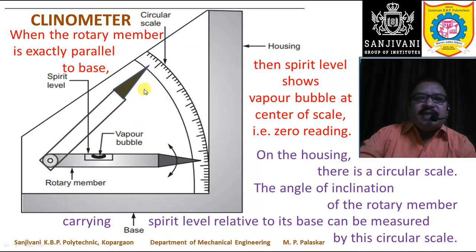For example, this rotary member may occupy some new position like this. In this new position you will find that there is some angle between the horizontal base and this particular rotary member of the clinometer, right?